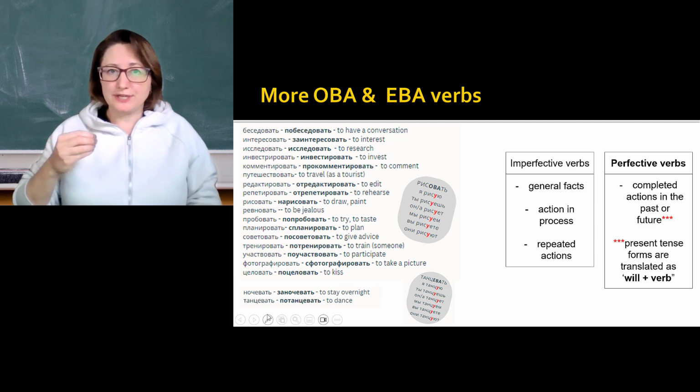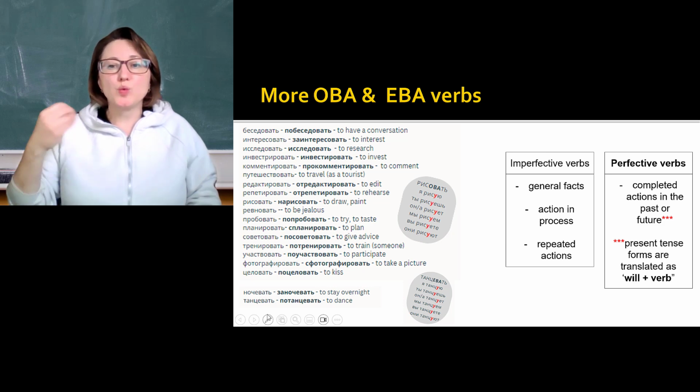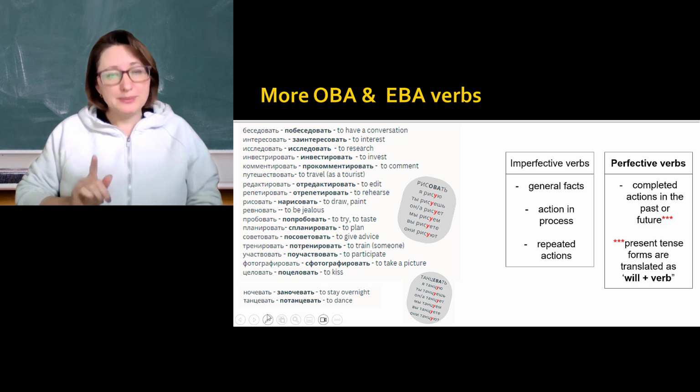So all of the perfective verbs still follow the conjugation type that I have just explained, but we translate them into English as will do it. For example, I can say, hey, we'll have a conversation about that tomorrow, meaning we'll complete that action tomorrow. So I will say, мы побеседуем об этом завтра.